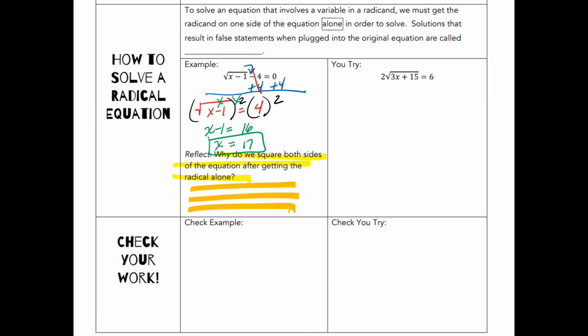All right, now that I've gone ahead and shown you one, I'm going to have you try this next one. Do you see how there's a 2 right there? The opposite of a 2 times is a 2 divide. So go ahead and divide by 2 and then solve that one on your own.